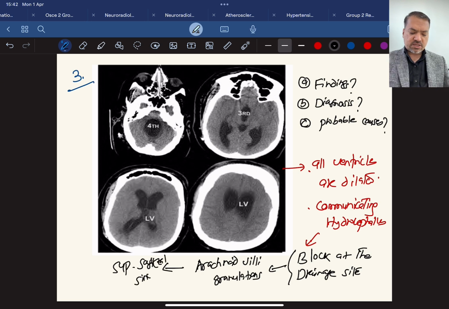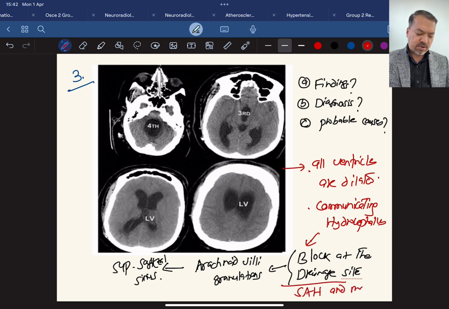These are very important points. This blockage in the drainage site is mainly caused by subarachnoid hemorrhage and meningitis, usually bacterial or tubercular meningitis. So these are some associated or related questions.